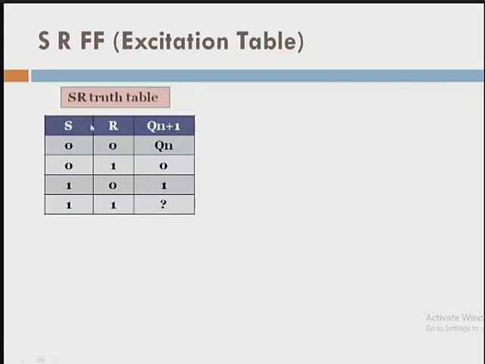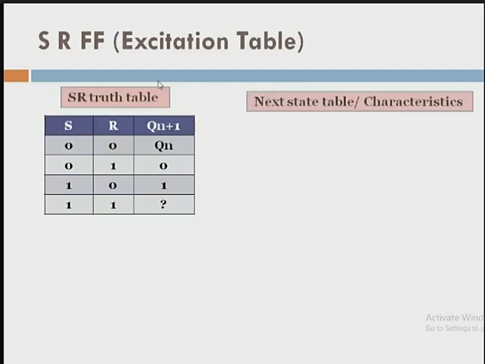In this truth table, S and R have 4 combinations, and the output value is Qn plus 1. When S and R are 0, 0, there is no change: the flip-flop remains in the previous state, which is Qn. Then 0, 1 gives 0, and 1, 0 gives 1, and the 1, 1 situation is marked with a question mark for the race around condition. So this is your truth table.